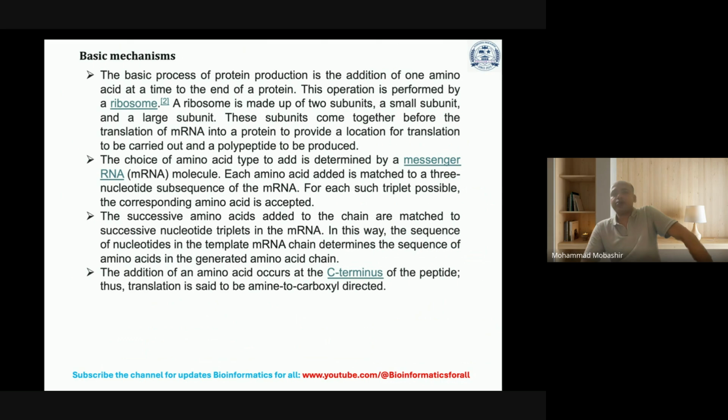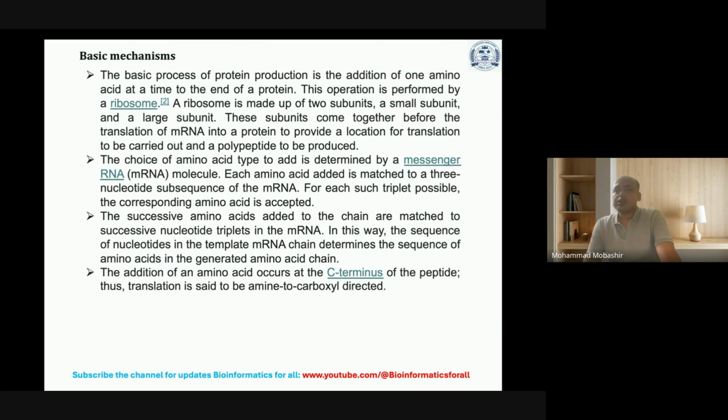The choice of amino acid type to add is determined by a messenger RNA molecule. Each amino acid added is matched to a 3 nucleotide subsequence of the mRNA. For each such triplet possible, the corresponding amino acid is accepted. The successive amino acids added to the chain are matched to successive nucleotide triplets in the mRNA.